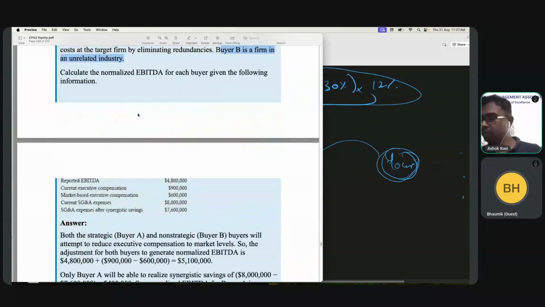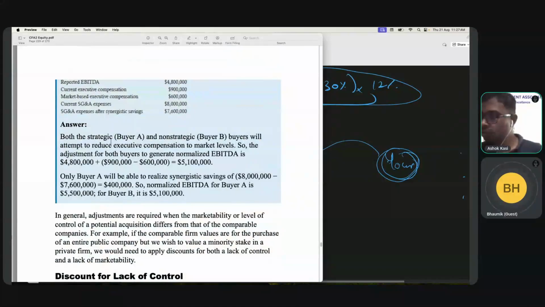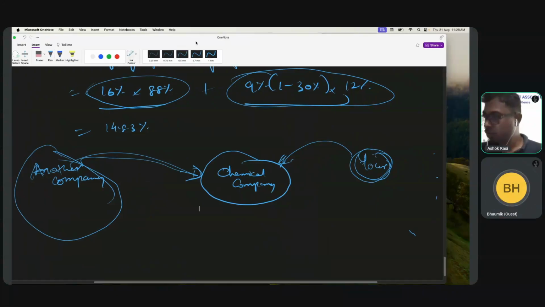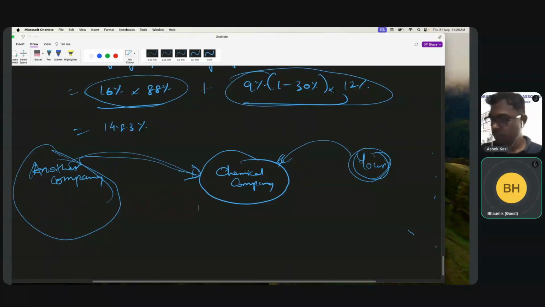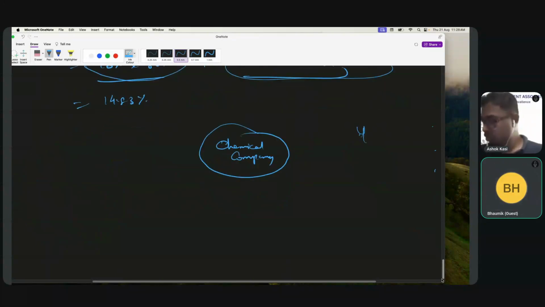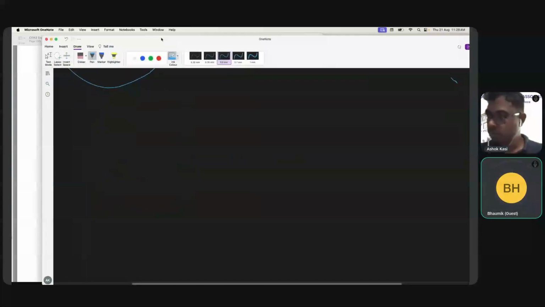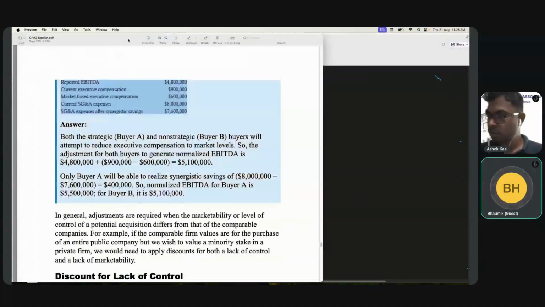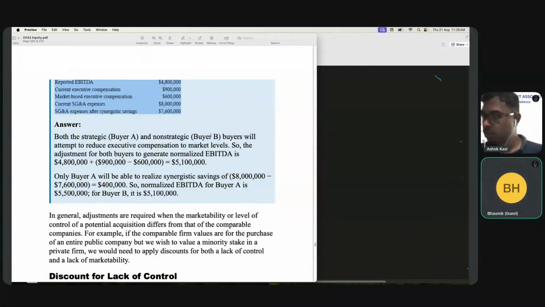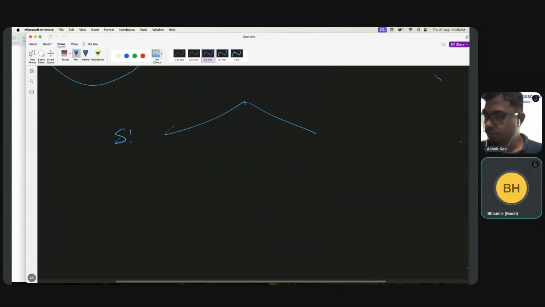The normalized EBITDA for each buyer is given. Now, reported EBITDA, current executive compensation, market-based compensation. Strategic buyer and non-strategic buyer.